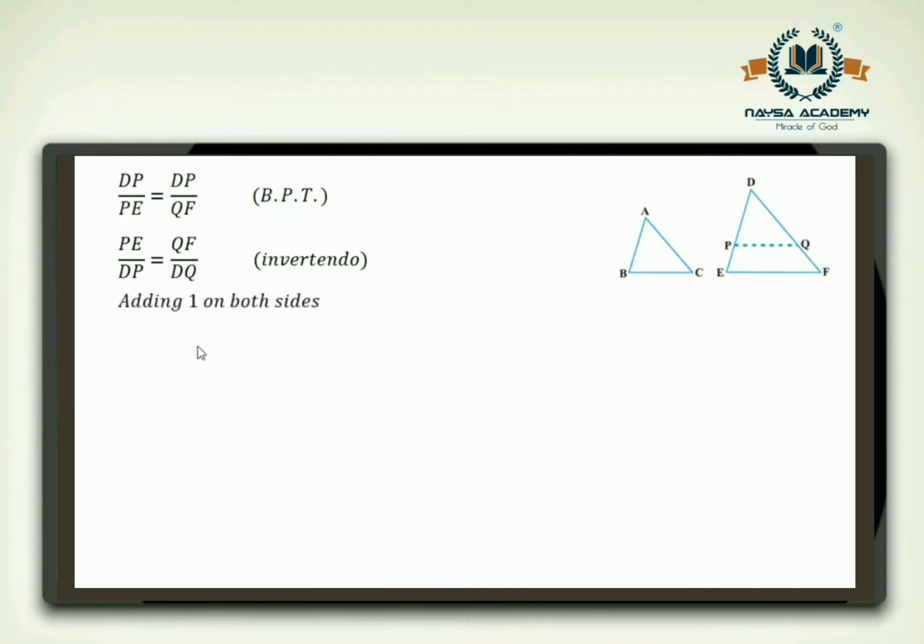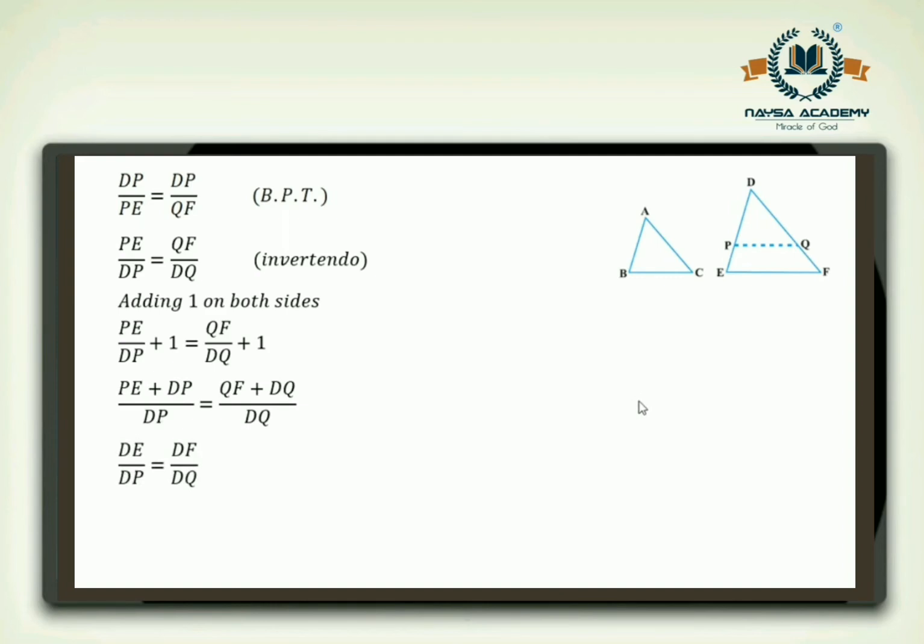Now I add 1 on both the sides. So after adding 1, I get PE plus DP upon DP equal to QF plus DQ upon DQ. Now you can see in the diagram PE plus DP is equal to DE and QF plus DQ is equal to DF.